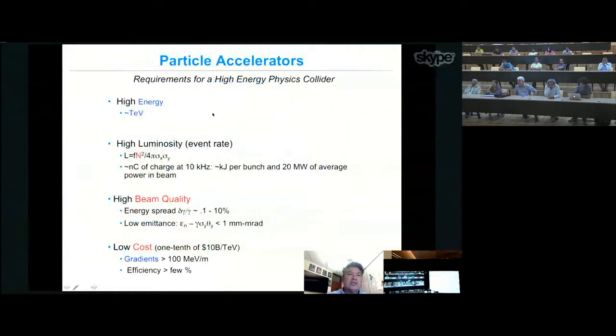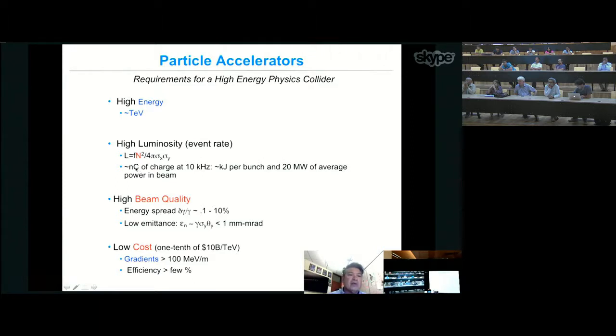To put things in perspective, at the TeV energy range, in order to get high event rates, the luminosity must be very large, which is proportional to the number of particles squared and essentially the spot size squared. So you want to make the particle number big, and you want to make the spot size very small.